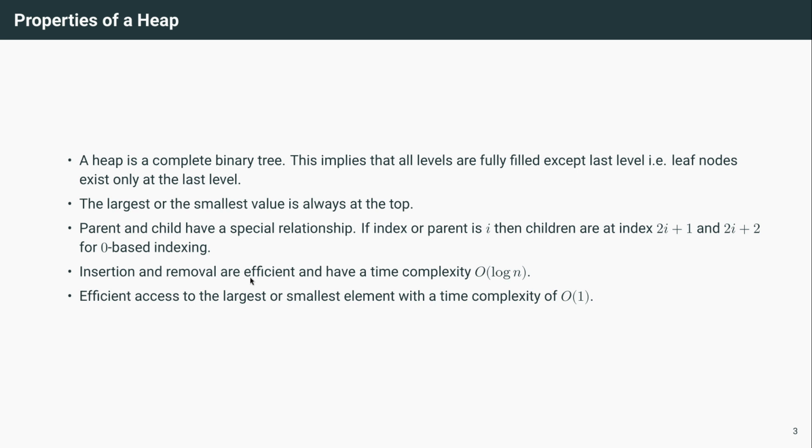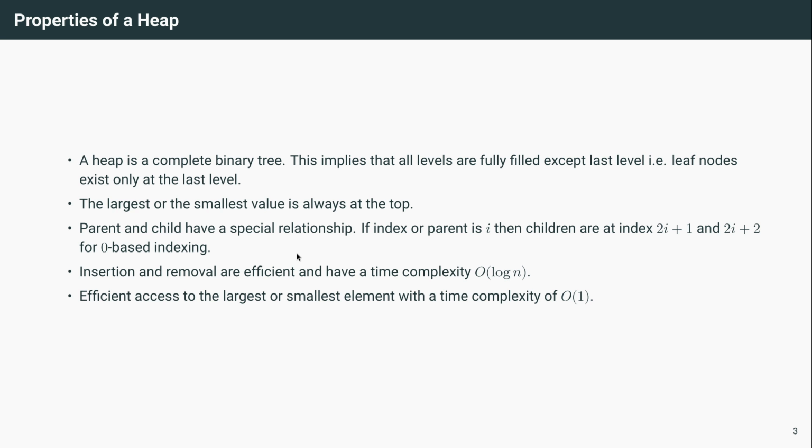Now insertion and removal are efficient and have a time complexity of O(log n). Because the binary tree is complete, the complexity does not worsen more than log n. Insertion and deletion both will happen in time complexity log n. Efficient access to the largest or smallest element has a time complexity of O(1).